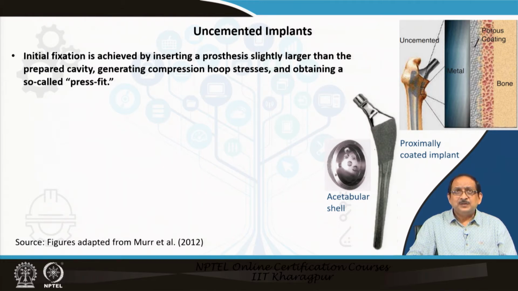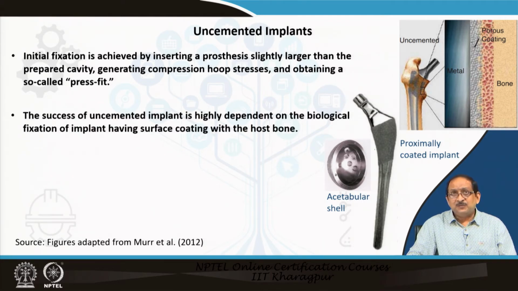Now, let us discuss the initial fixation of uncemented implants. The initial fixation is achieved by inserting a prosthesis slightly larger than the prepared cavity, generating compression hoop stresses and obtaining the so-called press fit.